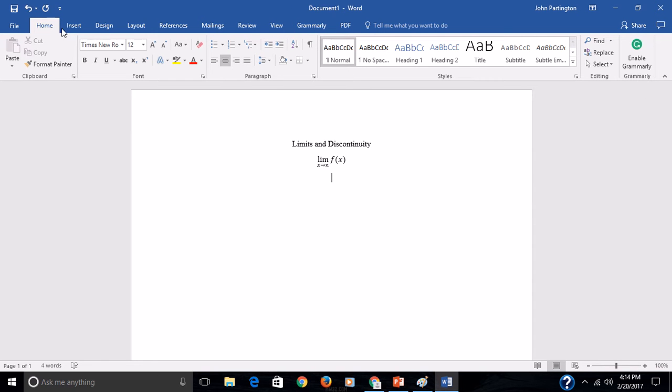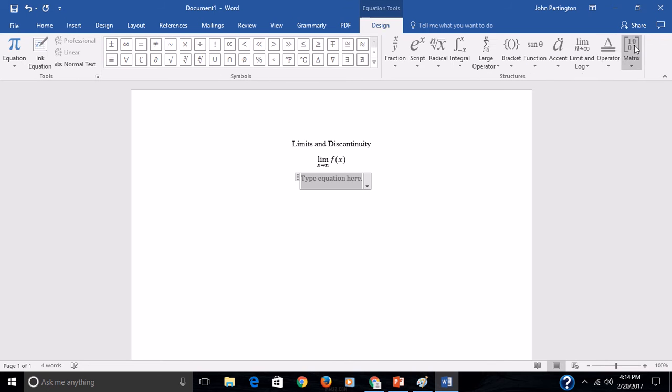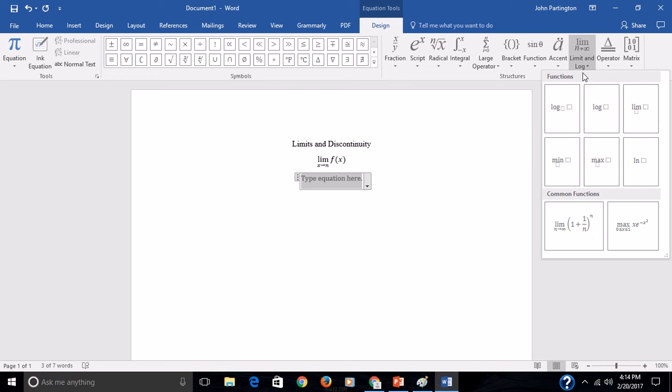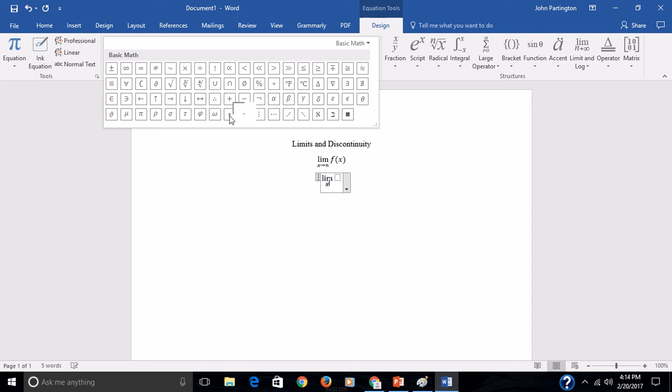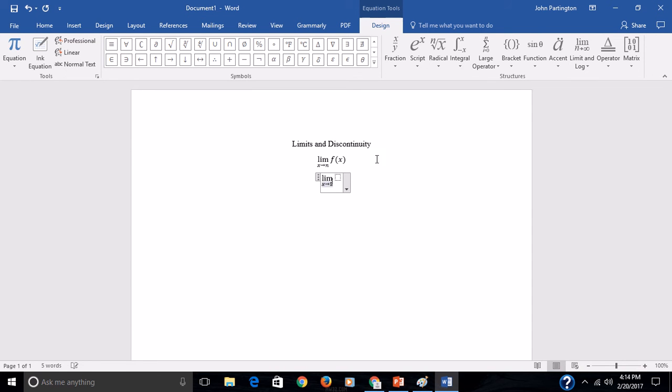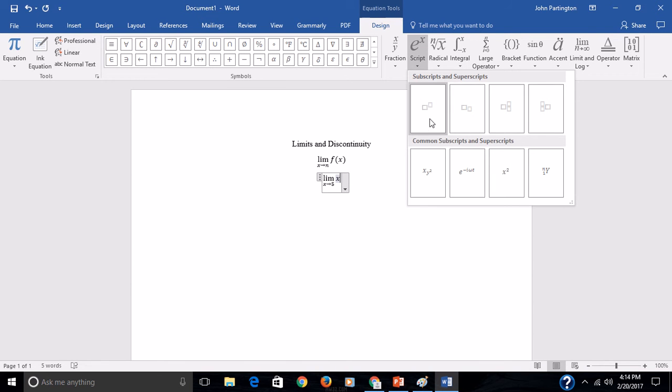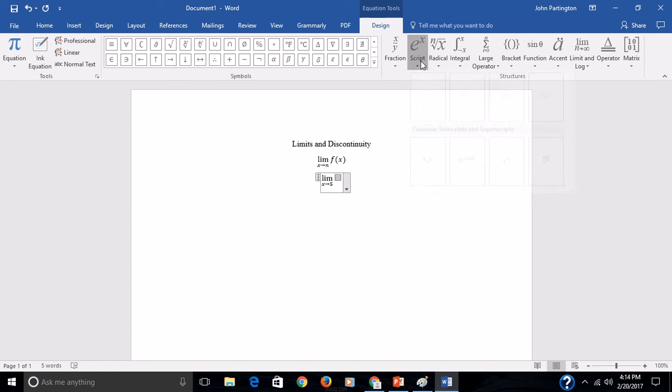So let's go to equation. What we're going to have here is the limit as x goes to 5 of x squared minus 7.